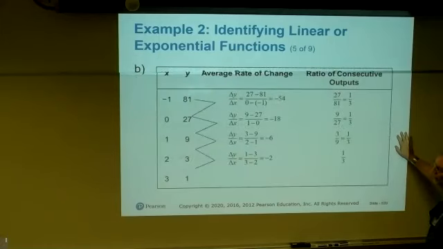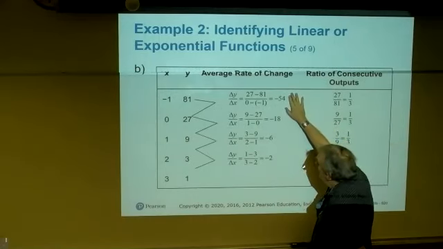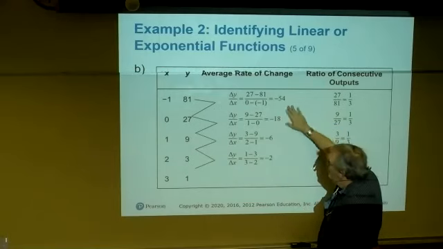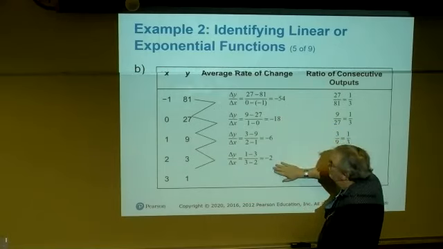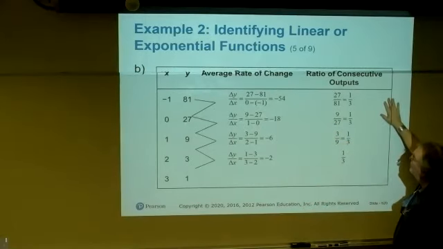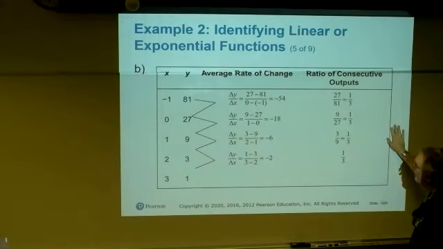On the second one, the average rate of change for the consecutive outputs wasn't the same. And so then they did the ratio of consecutive outputs, and they all equaled the same number, so it was a constant. The ratio of consecutive outputs was constant.